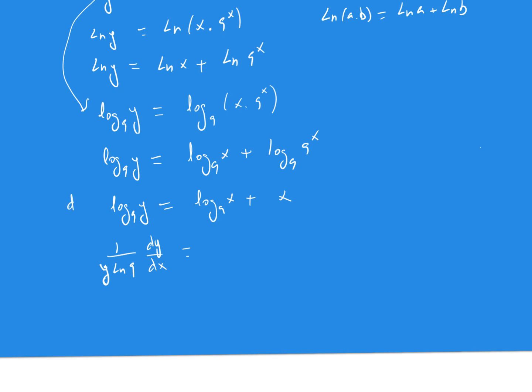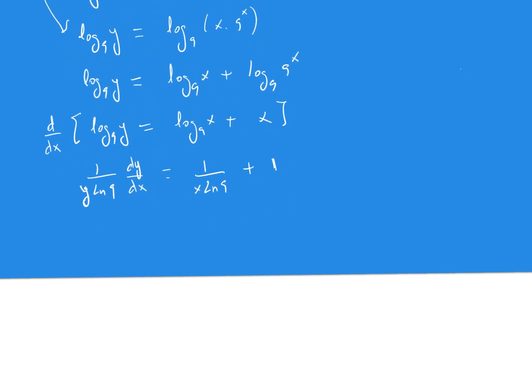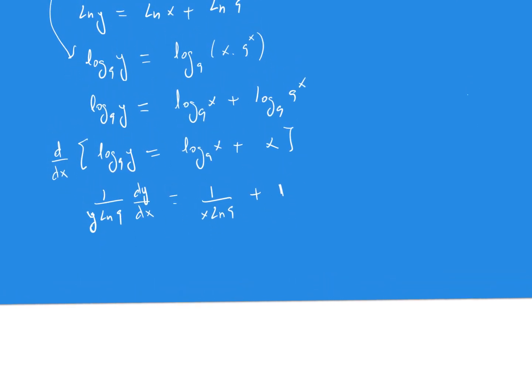I'm taking the derivative with respect to x of this expression: 1 divided by x times the natural log of 9, plus 1. And this will allow me to find the derivative of y with respect to x.